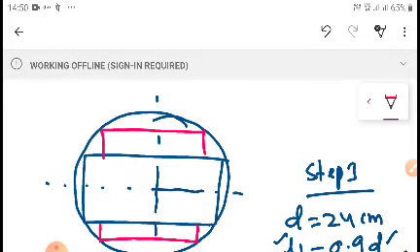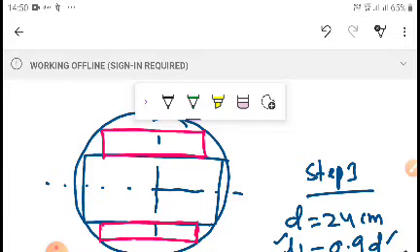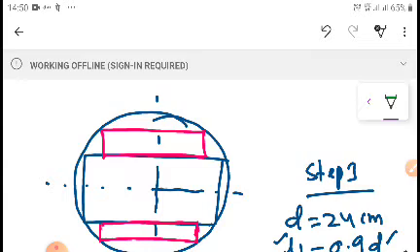So this is the second step, and for the third step, based on L3, this is the length, and this is the length.